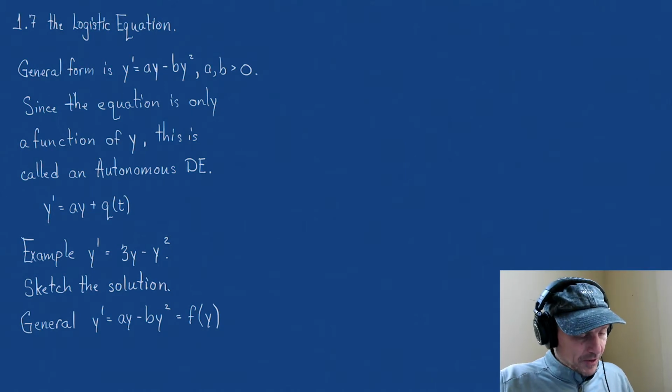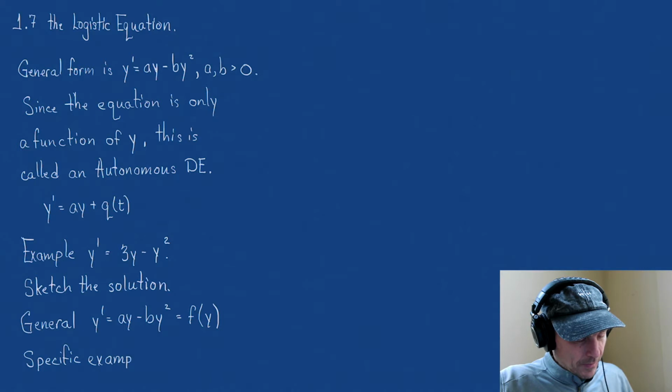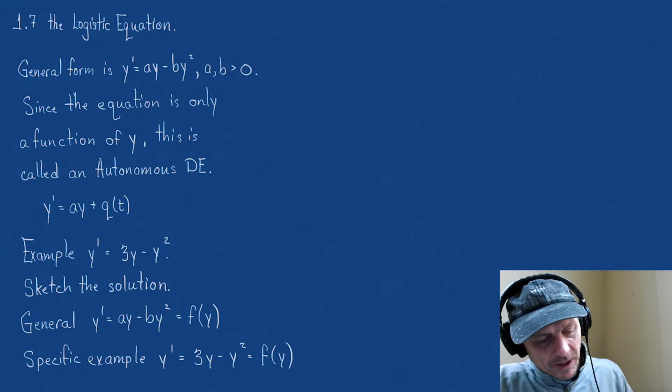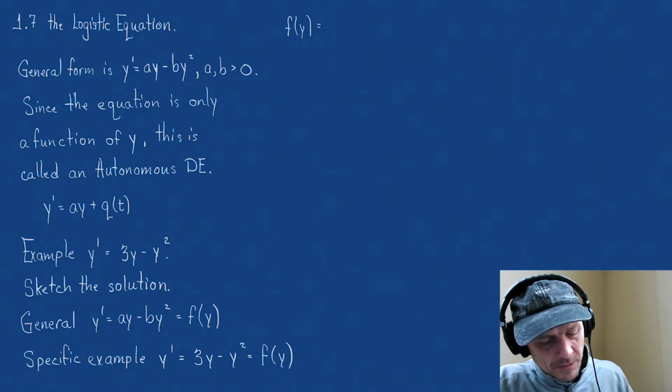So for this specific example, we have y prime equals 3y minus y squared equals f of y. Another way of thinking of that is simply that f of y is equal to 3y minus y squared.